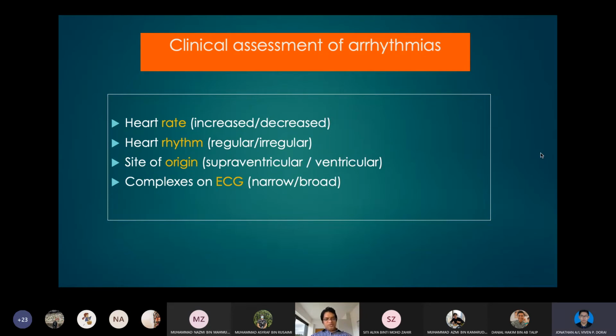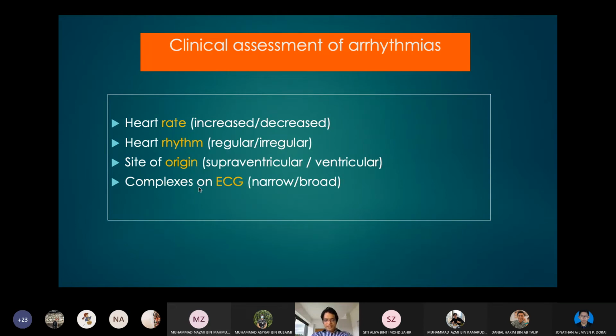So in a pulse, we try to find the heart rate and rhythm, isn't it? And if it is through ECG, we have to see the origin, because cardiac function we can monitor in three ways: by auscultation with the stethoscope for heart sound, or by feeling the pulse. If we feel the pulse, we only can get information about the rate and rhythm.